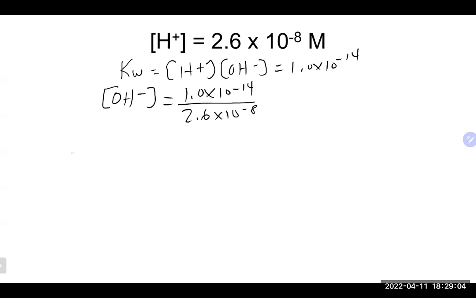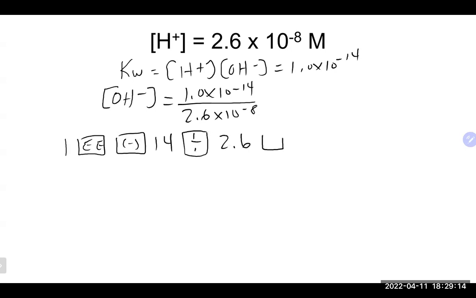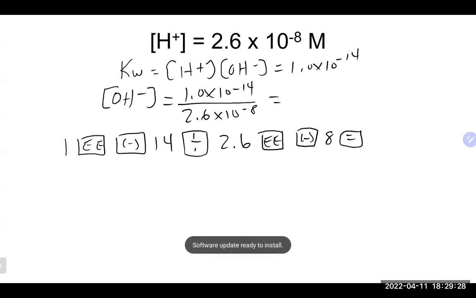Remember, when you punch this in, you want to do something like 1, exponent button, negative button, and 14, divide button, 2.6, exponent button, negative, and 8, and then hit equals, and you should hopefully be in business. Let's see here, 1 exponent negative 14 divided by 2.6 exponent minus 8.